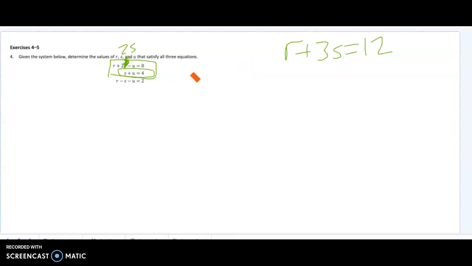Let's do s equals 4 minus u. Now I can plug that in here, and I get r plus 3 times 4 minus u. Oh, that's still not going to help us, though, is it? All right, let's just wait on that then. There's multiple ways to do these, so I'm just trying to figure out the easiest one right quick.